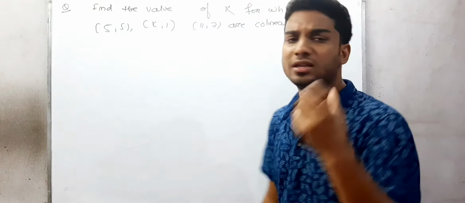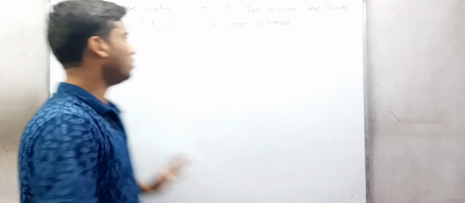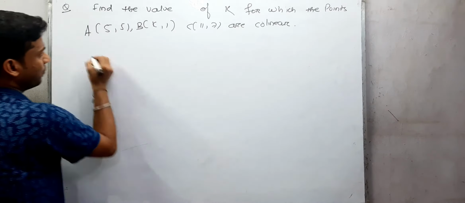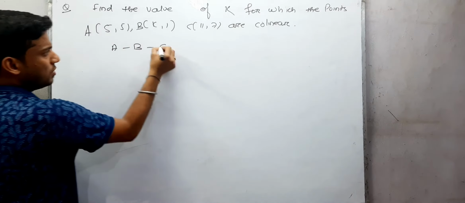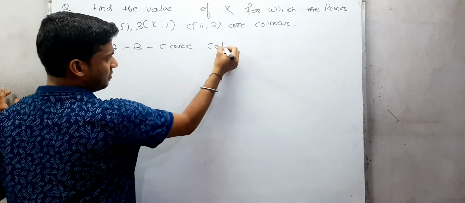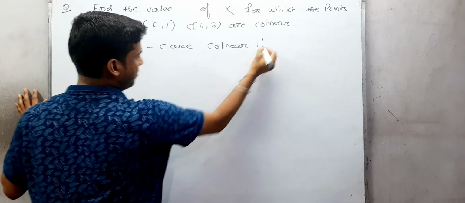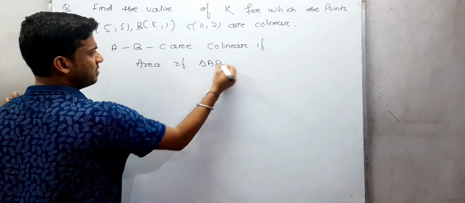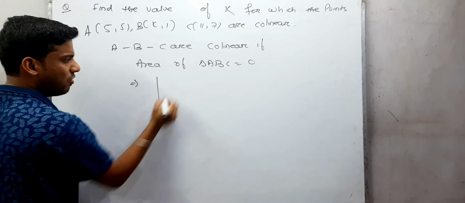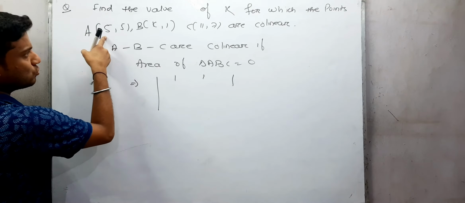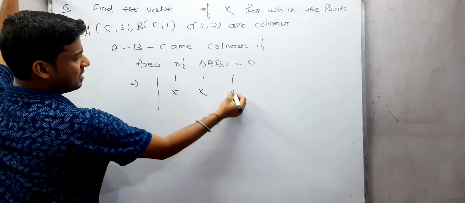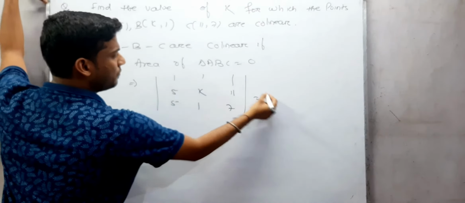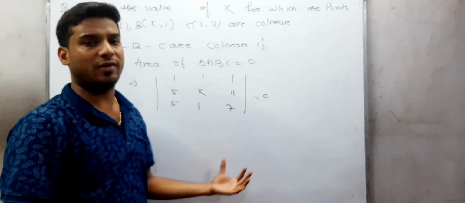I will take it in determinant form. Let these be A, B and C. A, B, C are collinear if the area of triangle ABC is 0. That means we have 1 1 1; the x coordinates 5, k, 11; the y coordinates 5, 1, 7, is equal to 0. By solving this equation, I can get the value of k.